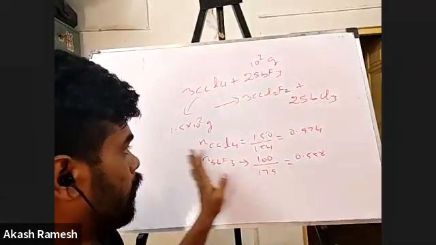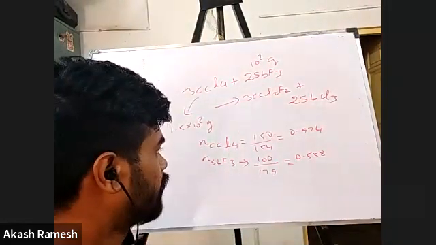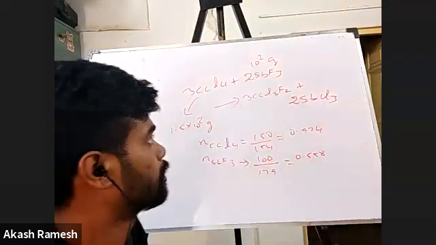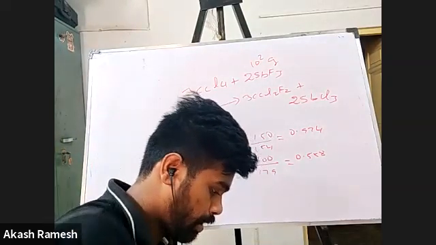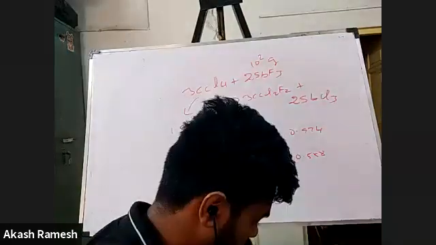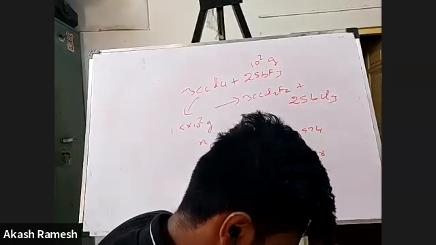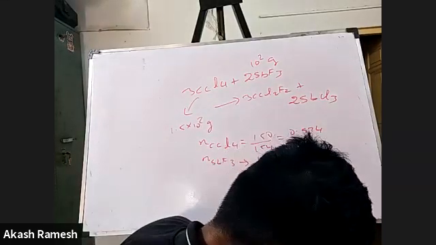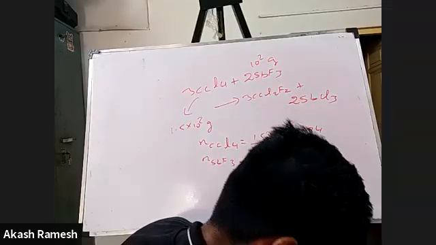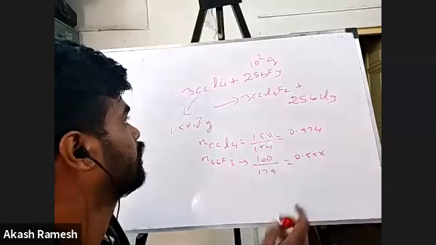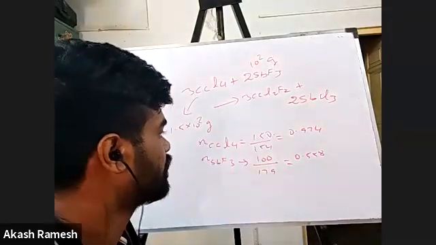I just used the formula given mass by molecular mass, and found the number of moles of CCl4 and SbF3. Now they're asking how many grams of CCl2F2 can be formed. First you have to find the limiting reagent, right?